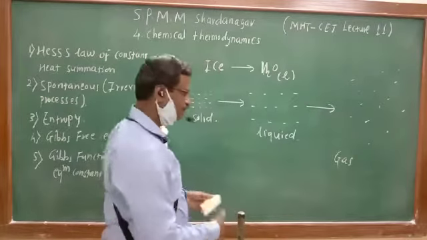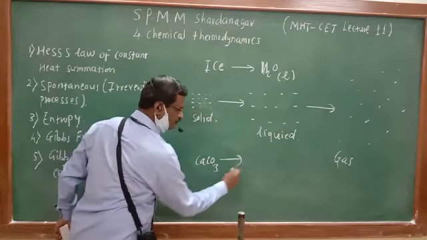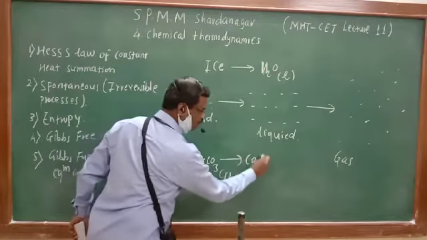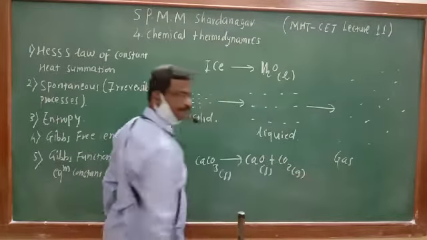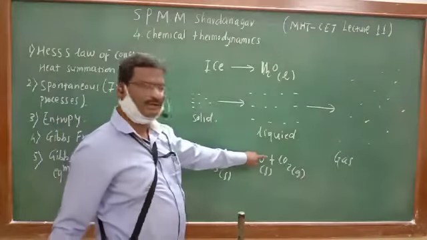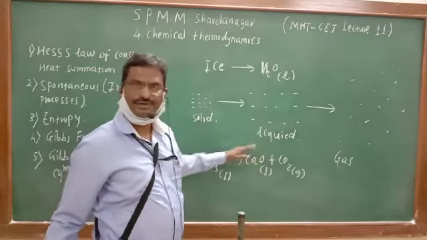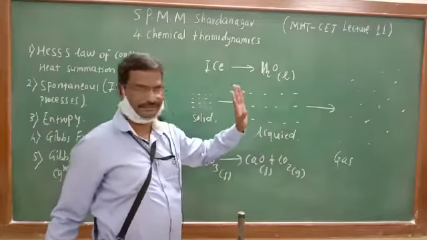For example, if we take the case of calcium carbonate, solid converted to CaO solid plus CO2 gas. What happened here in this reaction? Solid is converted to gas. From left to right, entropy increases.